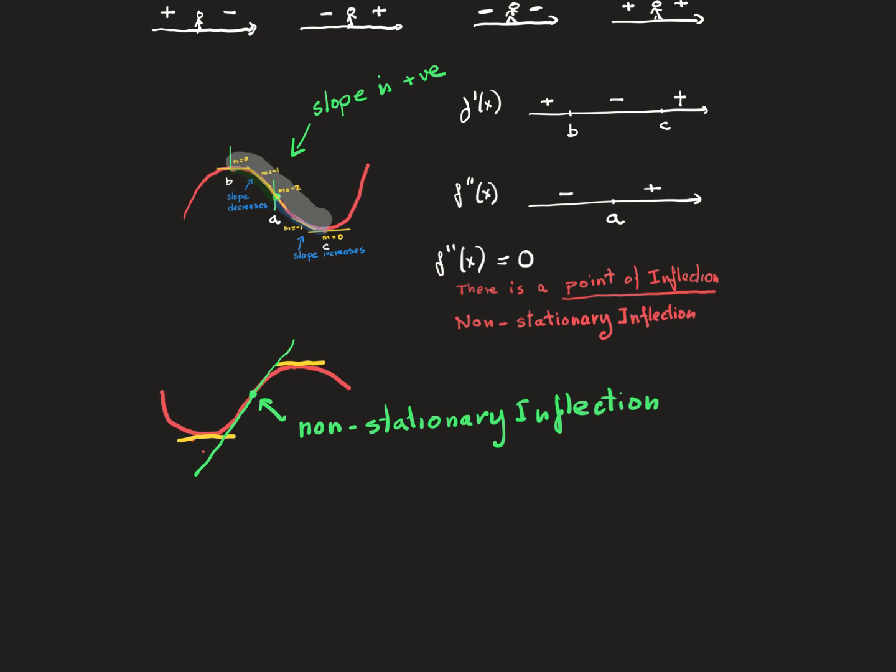We can find this particular point only when we examine the double derivative, and it needs to be 0. I hope that this explains the difference between a stationary inflection, in which we have a horizontal gradient, and a non-stationary inflection, in which we do not have a horizontal gradient.